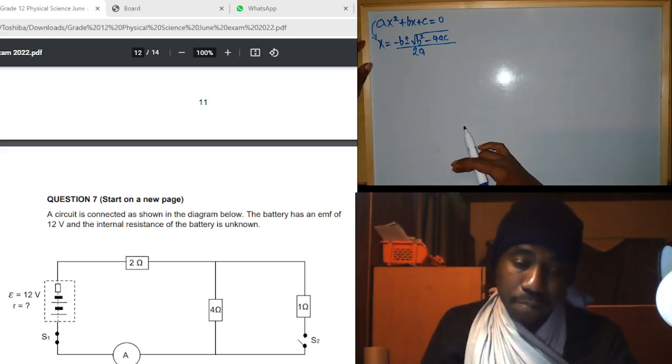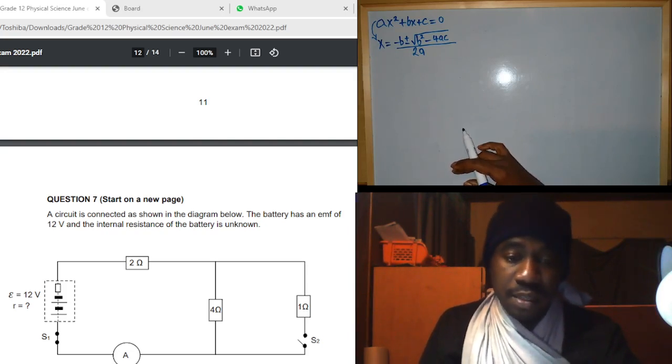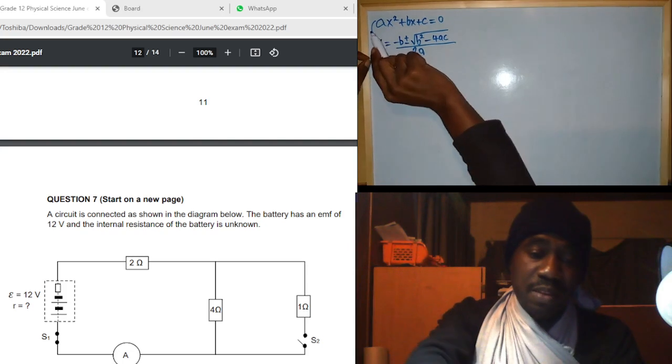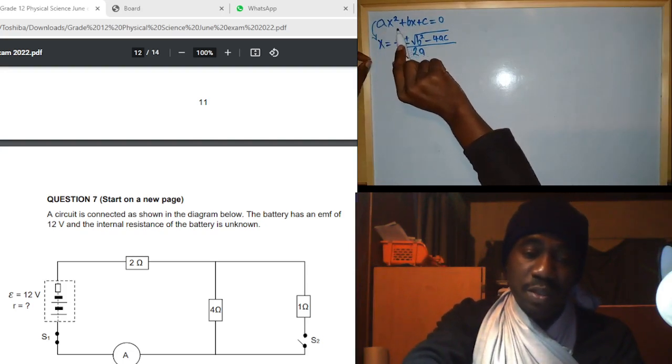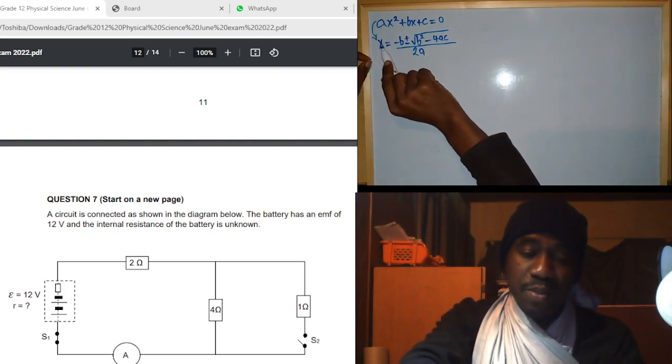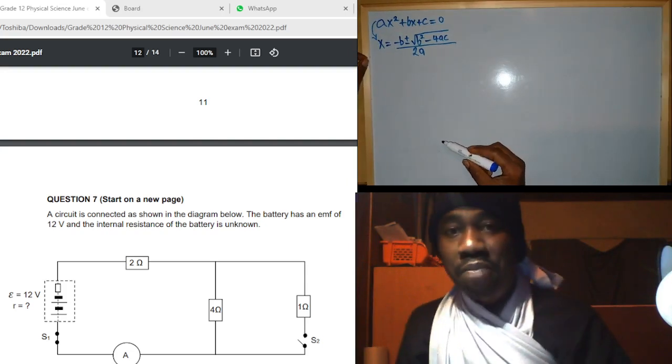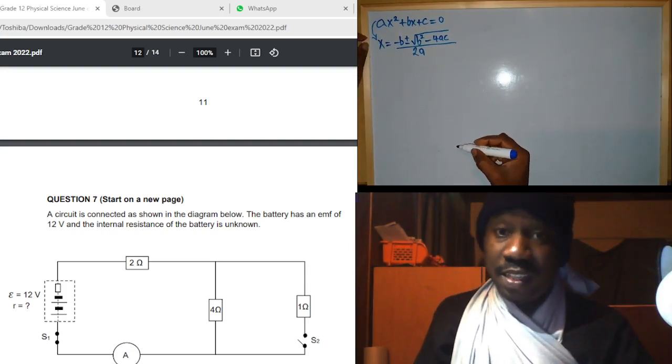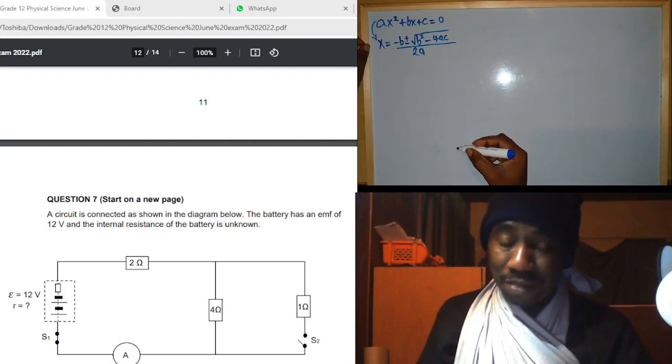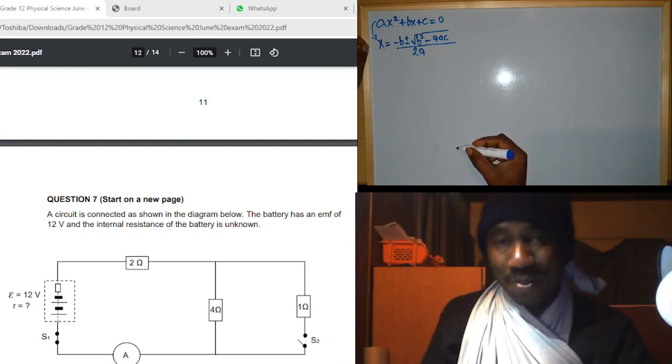So today, unfortunately or fortunately, to get from the general form of quadratic equation to the quadratic formula, we would have to use the hardest method, the most difficult method, which is completion of squares.